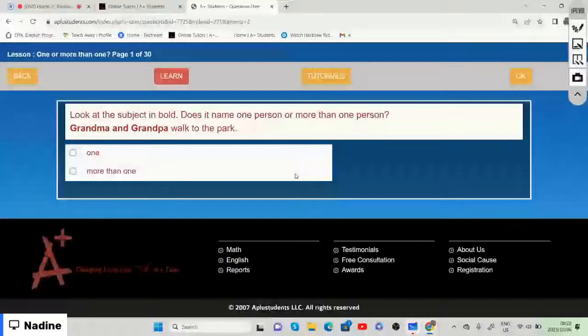So grandma and grandpa, this is more than one. And remember, if it's more than one, then it's plural. It's a plural subject.